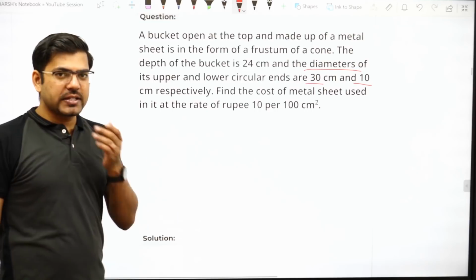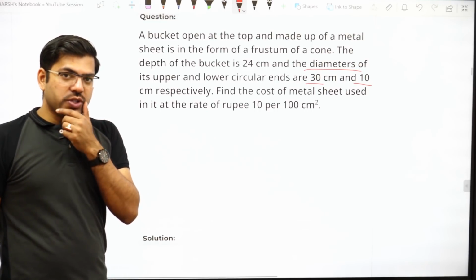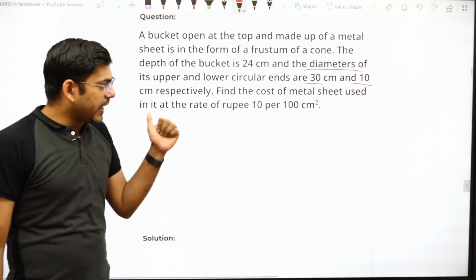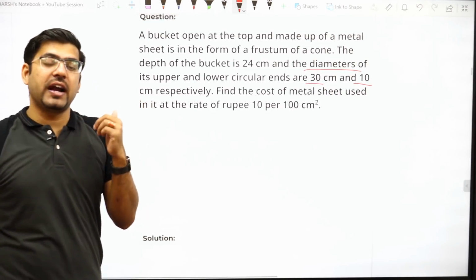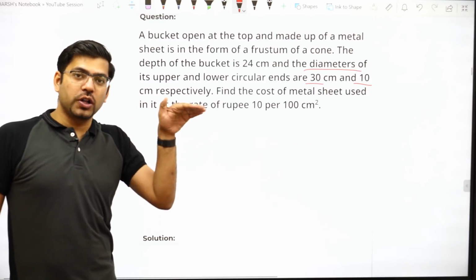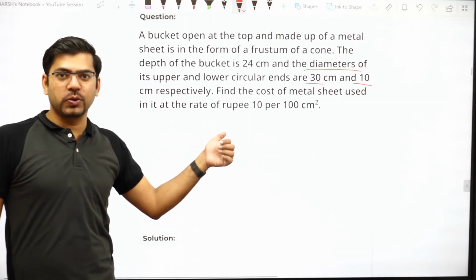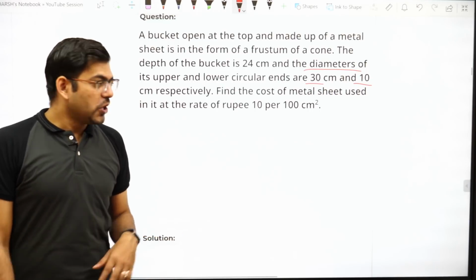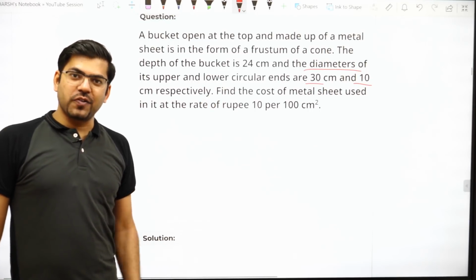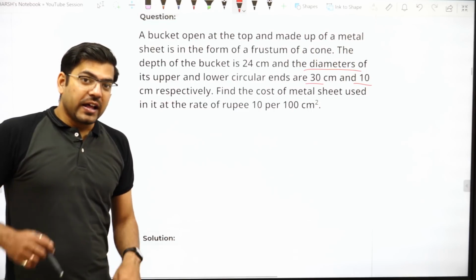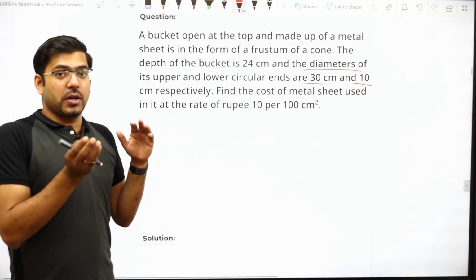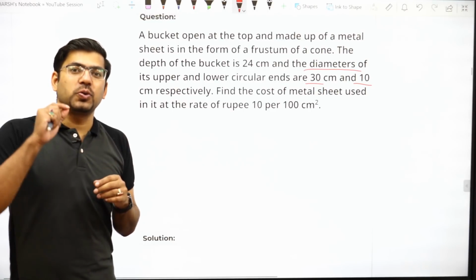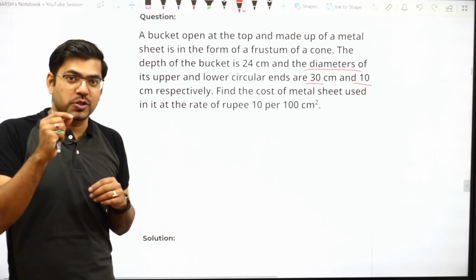Okay. So for the metal sheet which will be used, you need to find out first of all how much metal sheet would be used. This is again a similar kind of question we dealt with yesterday, but yesterday I had not gone through the complete solution. Today I'll go through the complete solution because many of the students were telling that they were probably not understanding. So that is why I have taken a few similar questions in today's session, revisiting and showing you the importance of these questions and clarifying your concepts to the most bottom level.